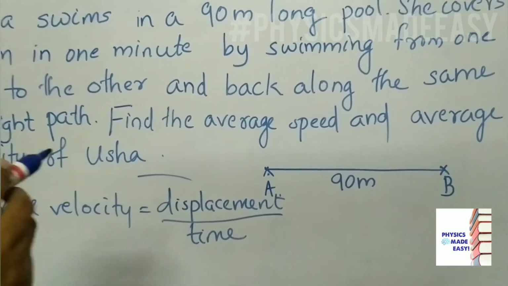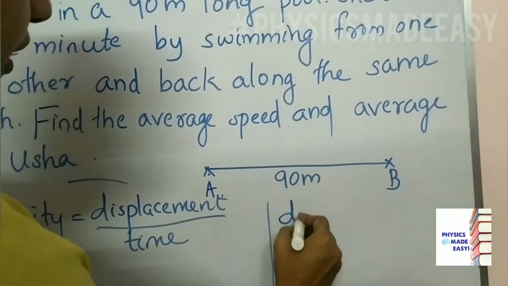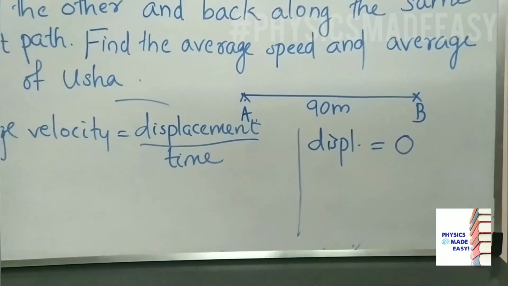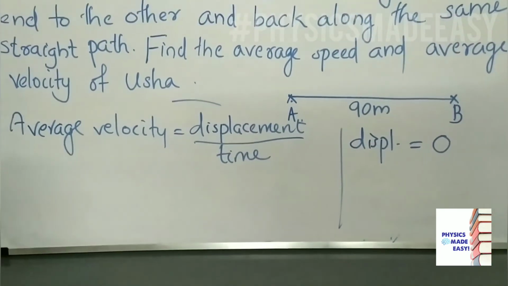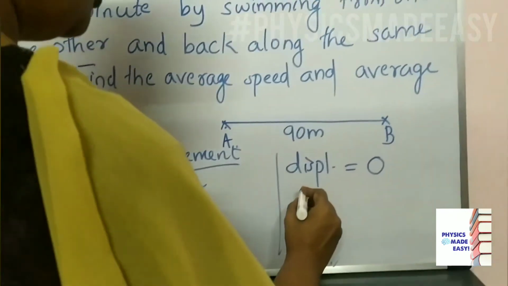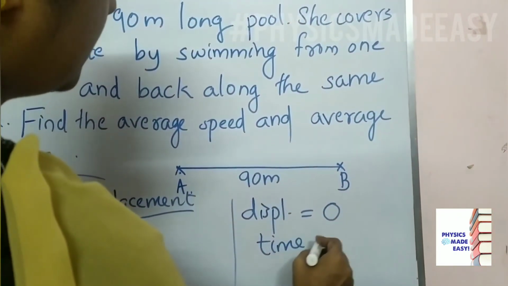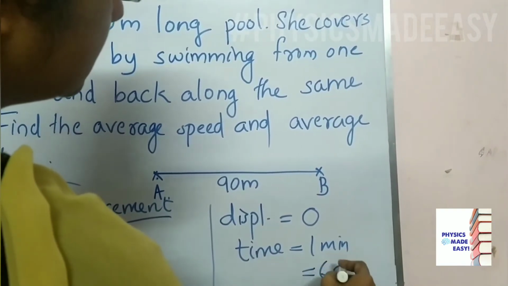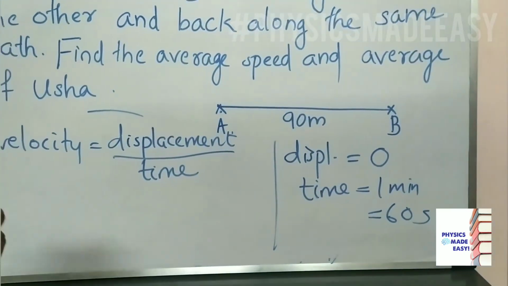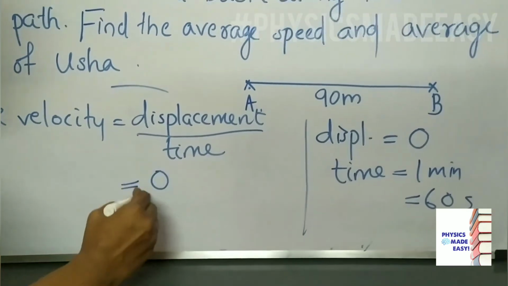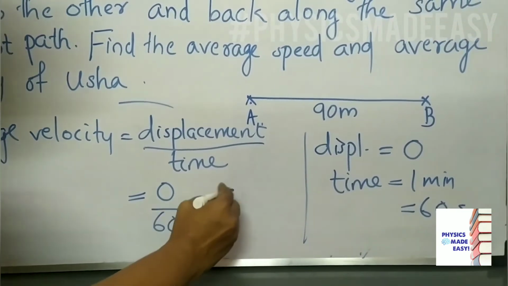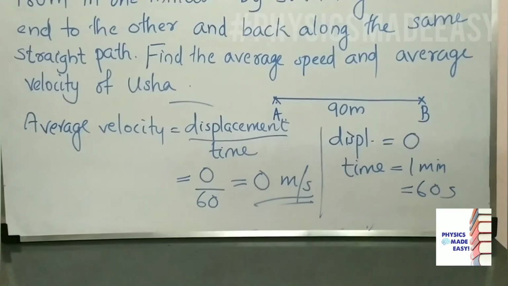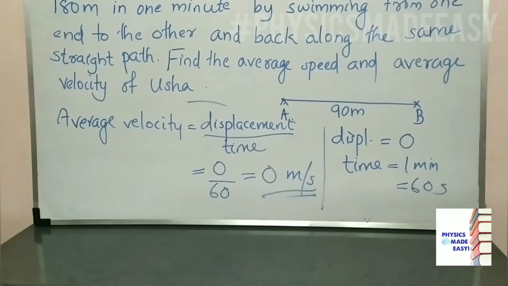That displacement is equal to 0, because the initial and final positions are the same. Then what is the total time taken? Total time taken is the same, 1 minute, which you can write as 60 seconds. Then substitute the values here. You will get 0 divided by 60, that is equal to 0 meter per second. That means the average velocity is 0.